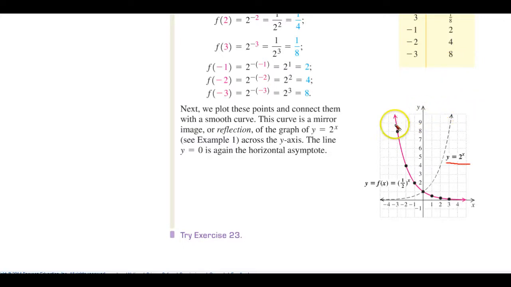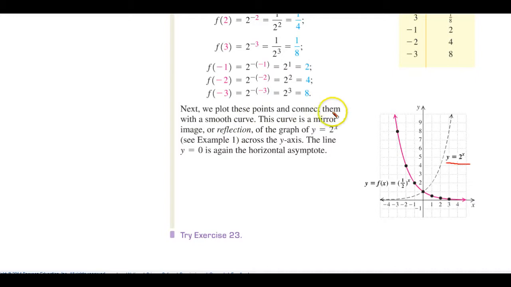Can you see you are getting a reflection of what it was over here with your axis of symmetry being the y-axis, and both of them going through 1? Wow. And that's what they're saying here.